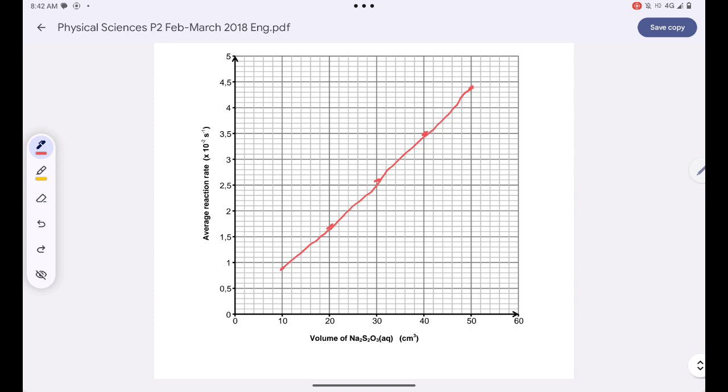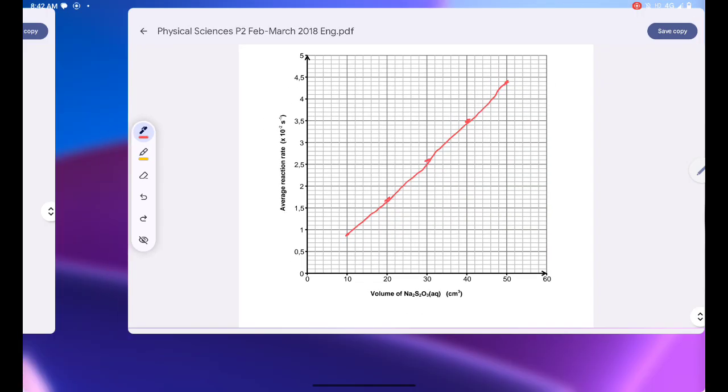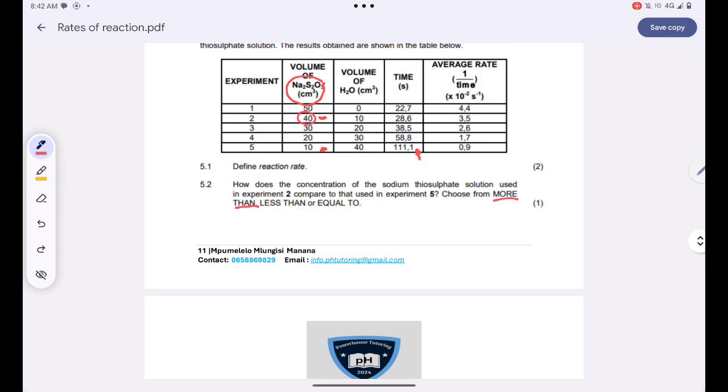So in 40 seconds, my average rate of reaction, let me check the information properly there.